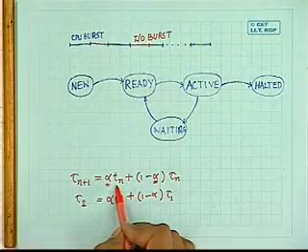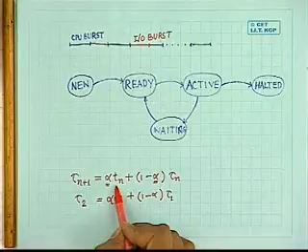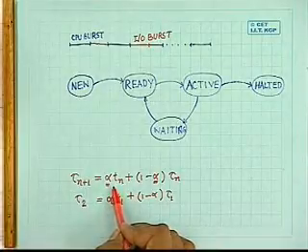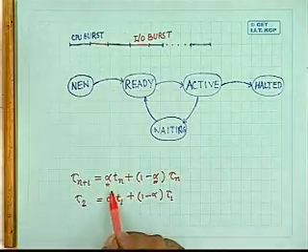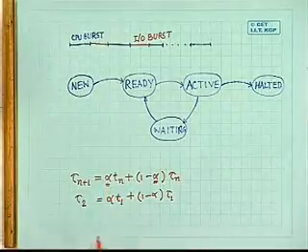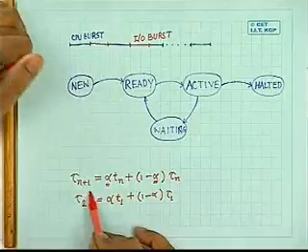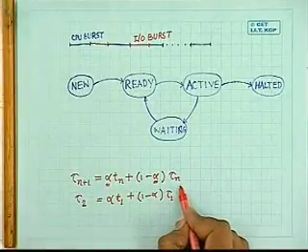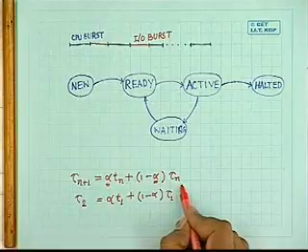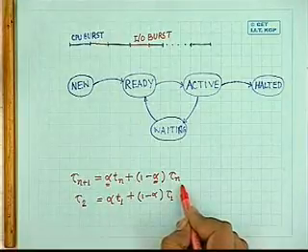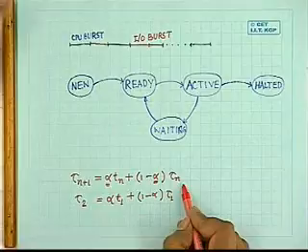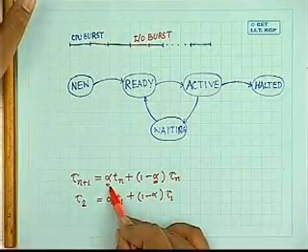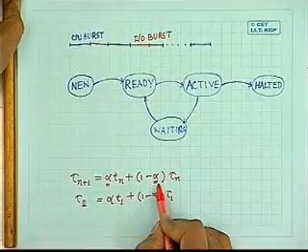So if my previous CPU burst time was say 4 milliseconds, I assume that the next CPU burst time will also be 4 milliseconds. On the other hand, if I set alpha equal to 0, in that case tau n plus 1 becomes equal to tau n. That is, if the previous predicted time was 4 milliseconds, I assume that the next CPU burst time will also be 4 milliseconds. So these are the two extreme cases, when alpha equals 1 or alpha equals 0.